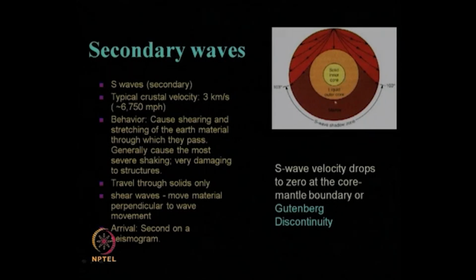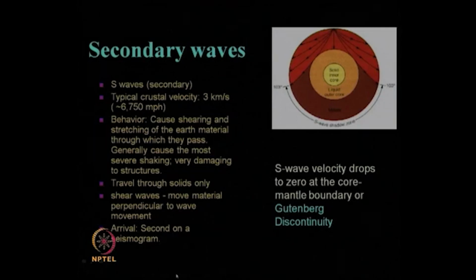That means, as we know the outer core of the earth's interior is of liquid media, so it cannot travel through that media. The boundary between the mantle and the outer core is called the Gutenberg boundary. So, once this secondary wave touches that Gutenberg boundary or Gutenberg discontinuity, immediately the velocity drops down to 0, because it cannot travel through the liquid media of the outer core.